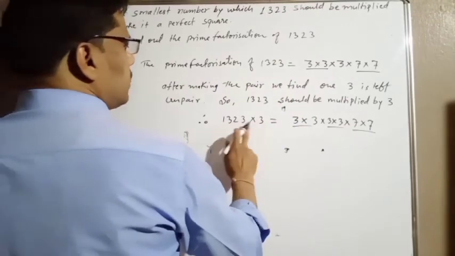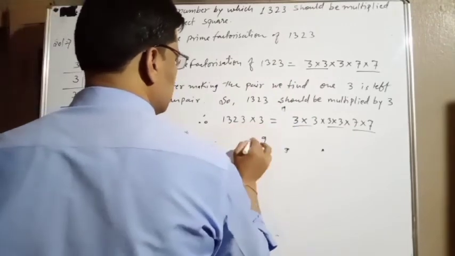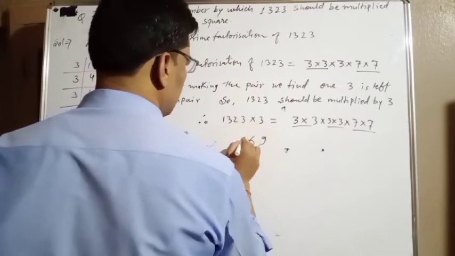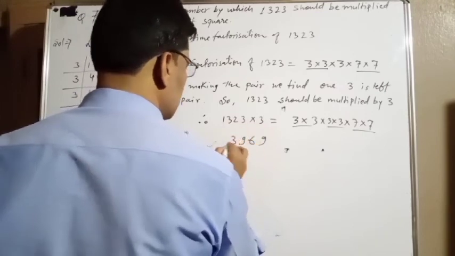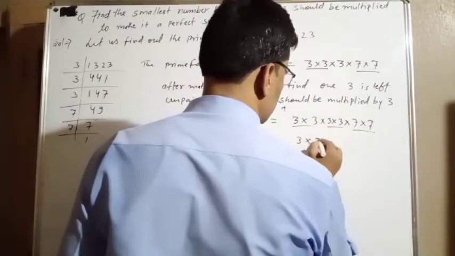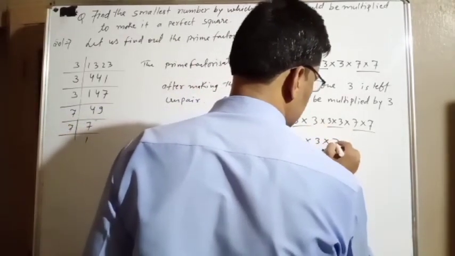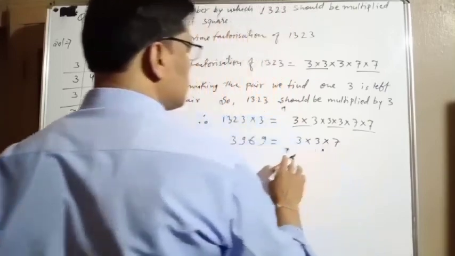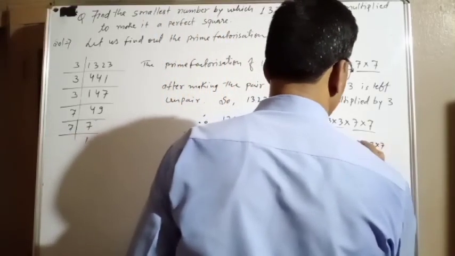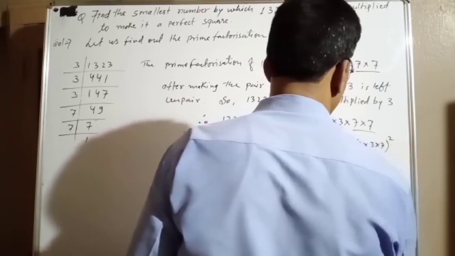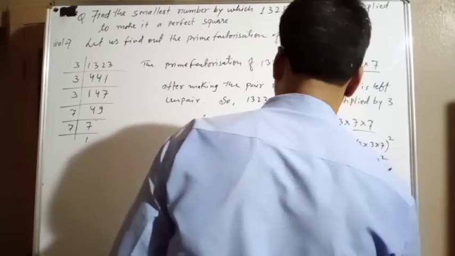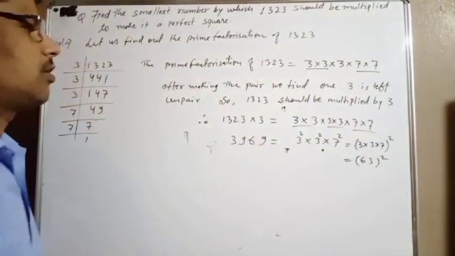When you multiply, 3 3s are 9, 3 2s are 6, 3 is 39, and we get 3969. You can take one number from each pair, 3, 3 and 7. When you multiply 3 and 3 and 7, you get 63 squared. 3969 is the perfect square of 63.